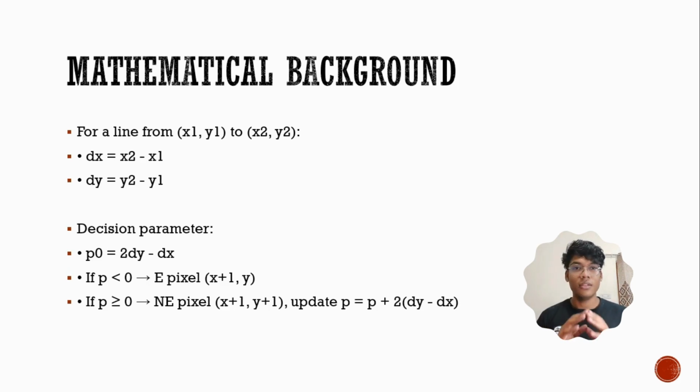So we find the slope first. How do we find slope? It's a very simple formula: m equals y2 minus y1 divided by x2 minus x1. That simply will give us the values for dx and dy.